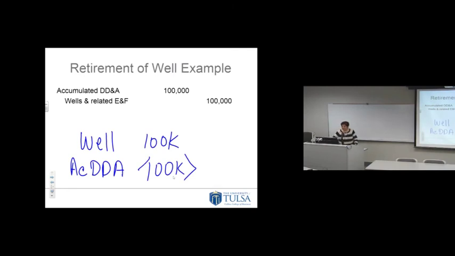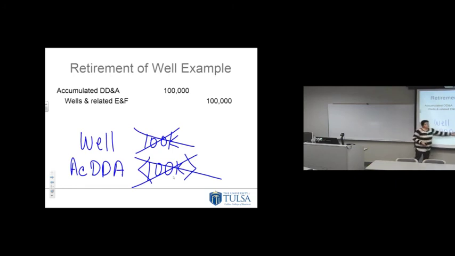So what's happening is I'm taking this asset off, but I'm also taking this contra or negative asset off. So all I'm doing is writing off a fully depreciated asset. So the asset, wells and equipment, is reduced, but the contra asset or the accumulated DD&A that reduces assets, that's also reduced.